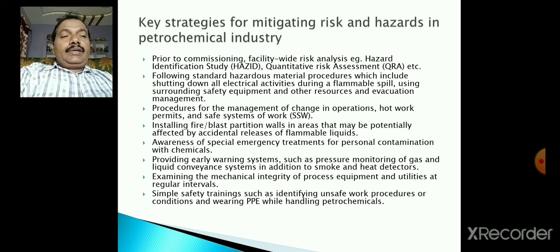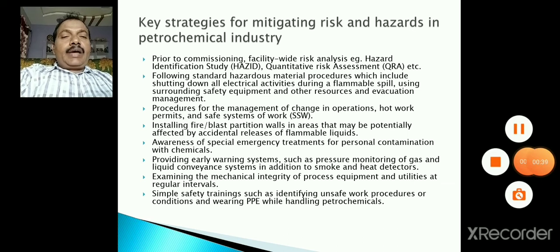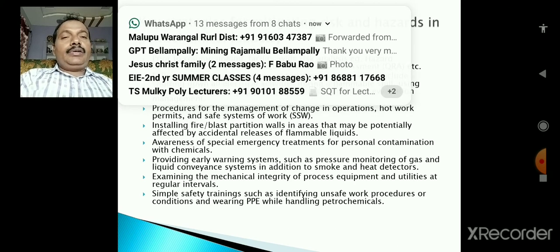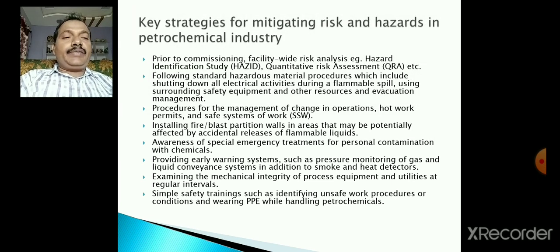And examining the mechanical integrity of process equipment and utilities at regular intervals. That means we have to continuously check the process equipment and the utilities associated with it, to see whether any repair is needed, whether it is functioning properly or not, whether any abnormal sound or discontinuity of functioning is disturbing.